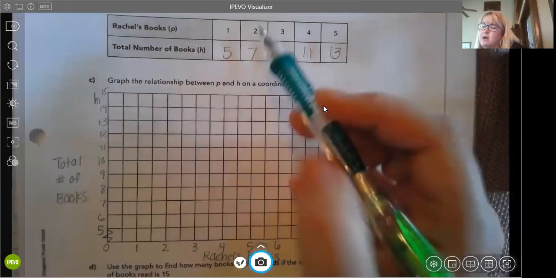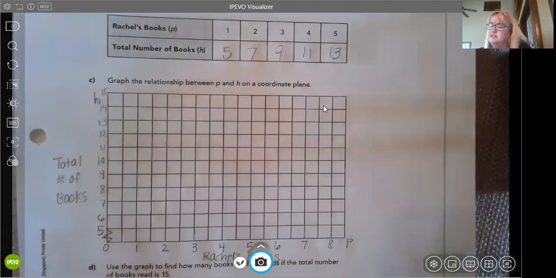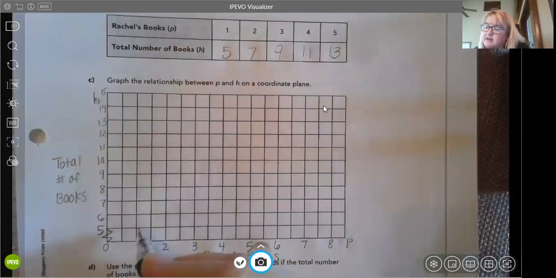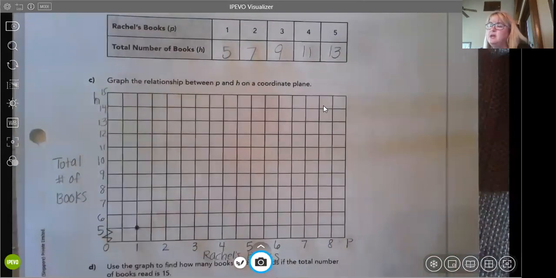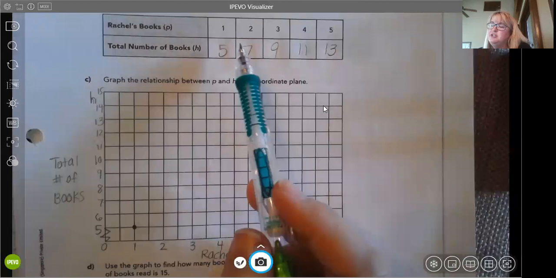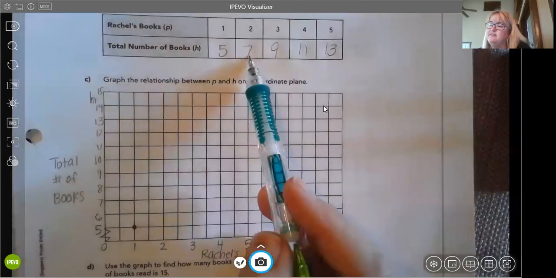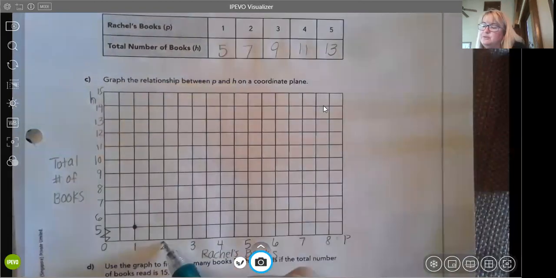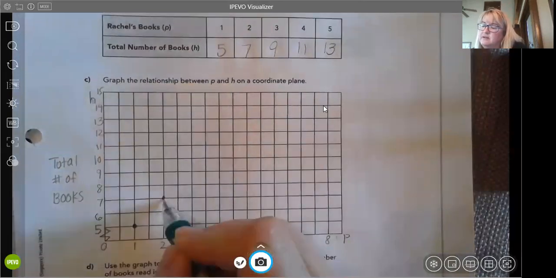So when P is 1, H is 5. So when I go to 1, I'm going to go up to 5, which is right there. Okay. When P is 2, H is 7. So here's 2, here's 7.